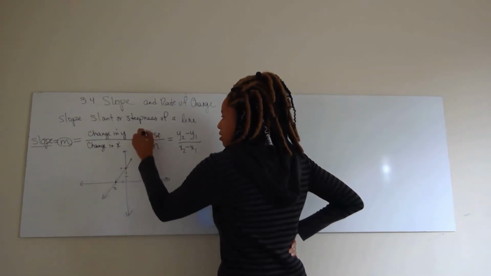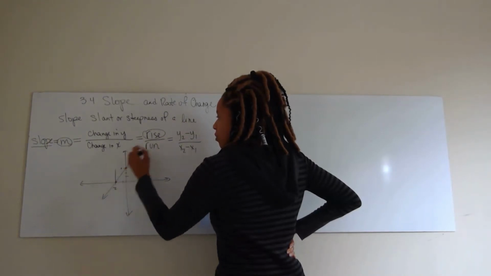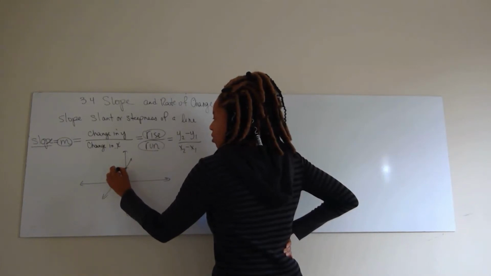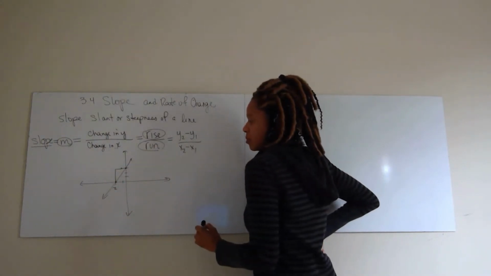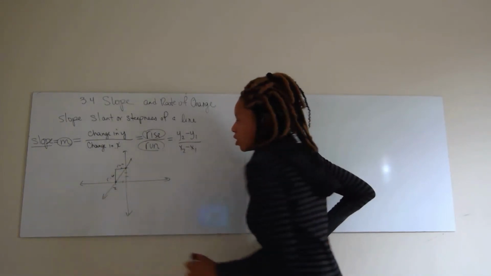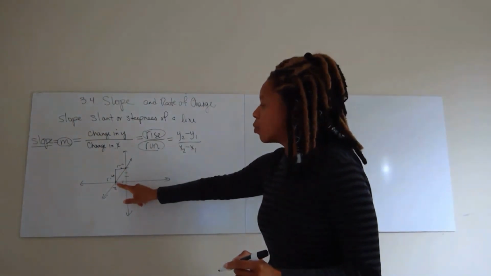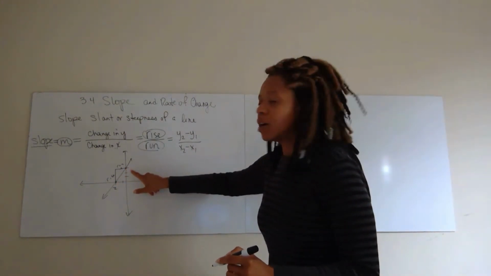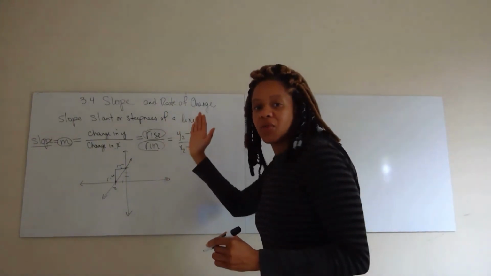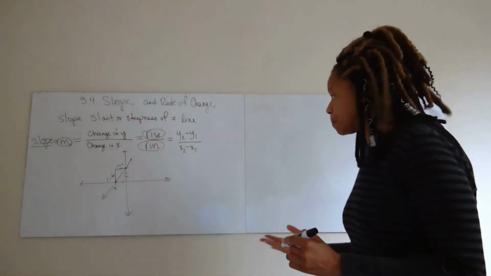So a rise, how are the y values changing, over a change in the x, which is considered the run. How are the x values changing? Okay, so you have a rise over a run. The slope basically helps you go from one point on a line to another point on the line. So by providing a rise and a run, you're able to go from one point on the line to another point on the line.